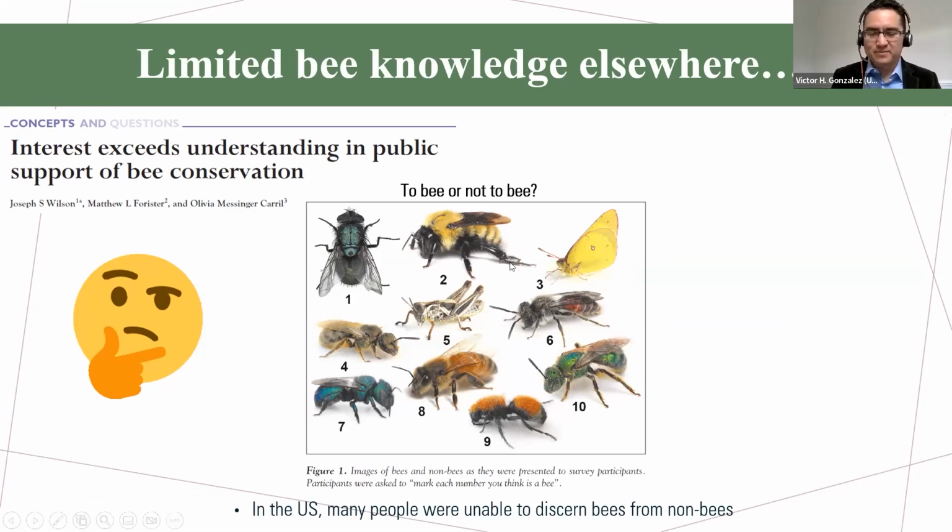In recent research in the US, they interviewed about 1,500 people. Most people couldn't distinguish a bee from a non-bee insect. And this is for the public, right? However, most of them were able to recognize honeybees and bumblebees.